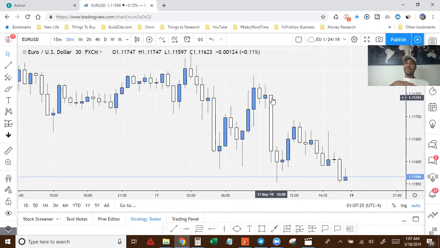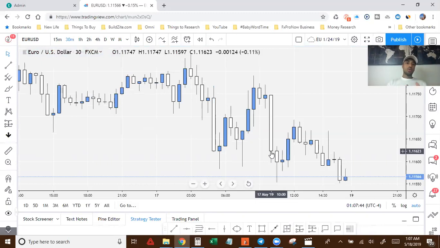So there's no wick at the top, but it closed down here, at 1.11623, and that's what you see on the right, same exact thing.